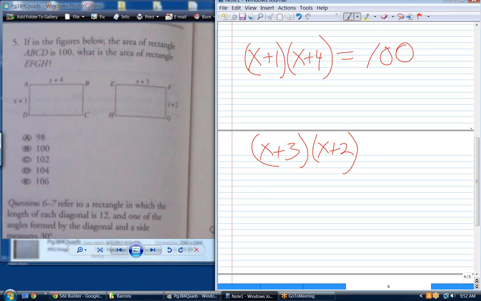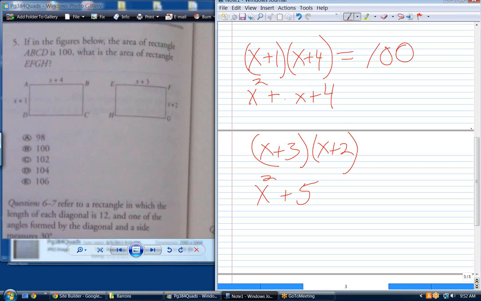I think not, because if we multiply these out, hold on.